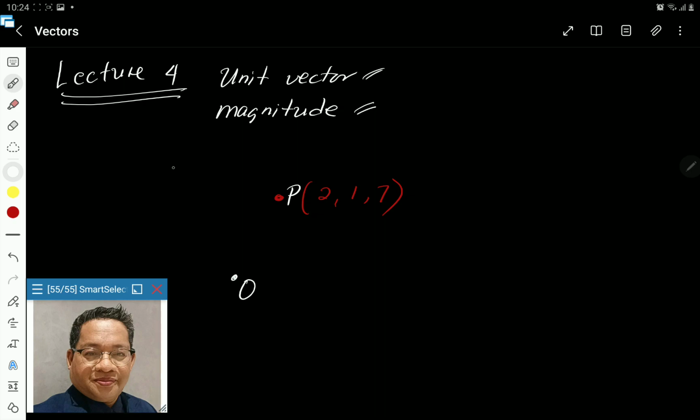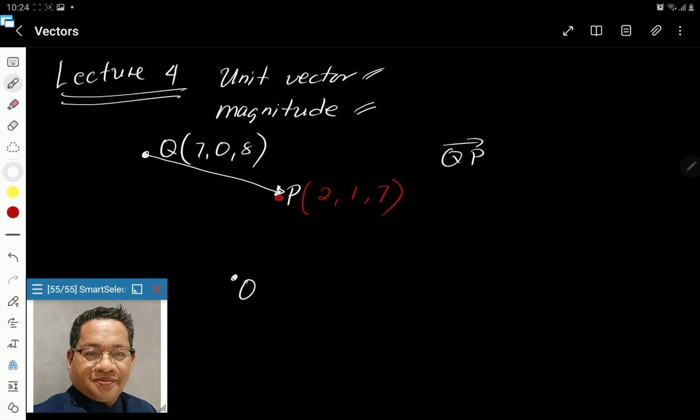Let's say I have another point, point Q, and my point Q is 7, 0, 8. So I am looking for the vector QP, that displacement vector.